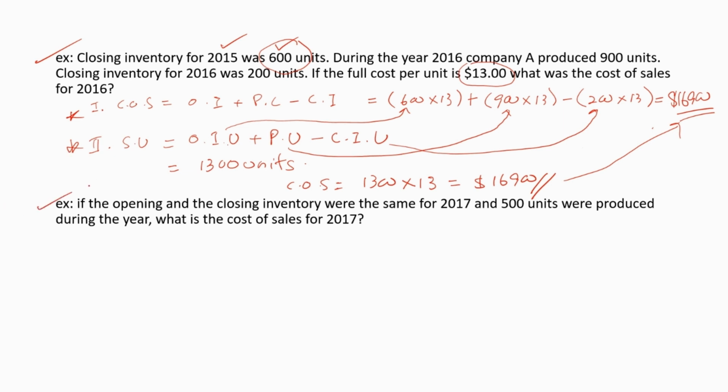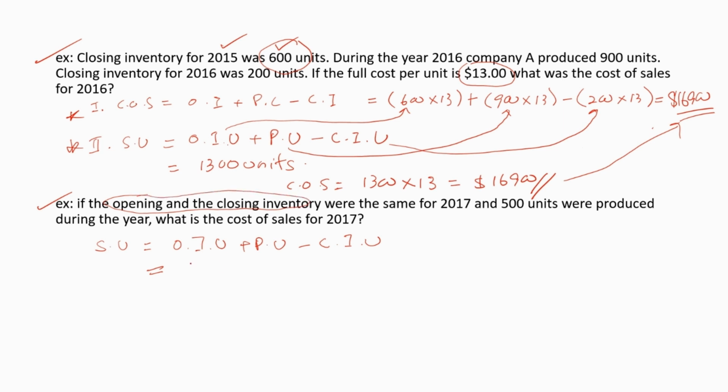If the opening and closing inventory were the same for 2017 and 500 units were produced during the year, now let's calculate and see what the sales units for the year 2017 are. Sales units is equal to opening inventory units plus production units minus closing inventory units. They are stating that opening and closing inventory are the same.